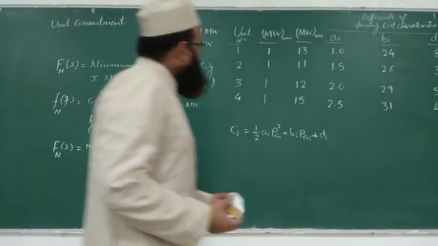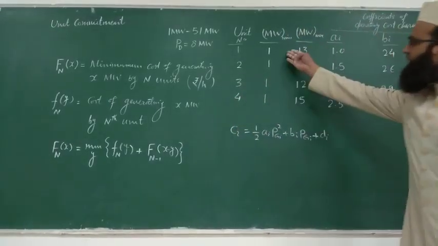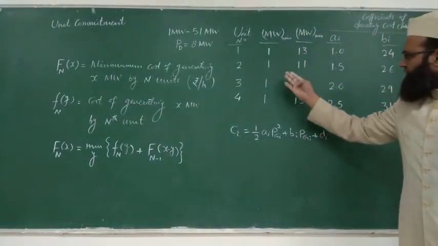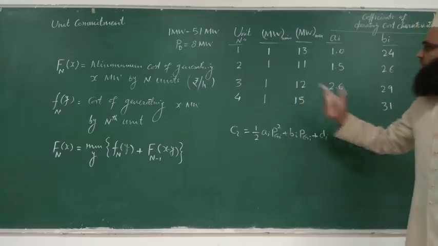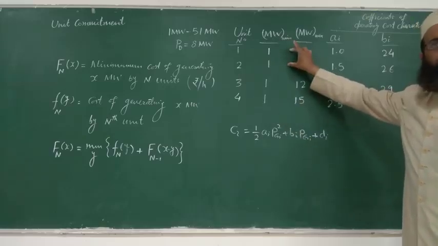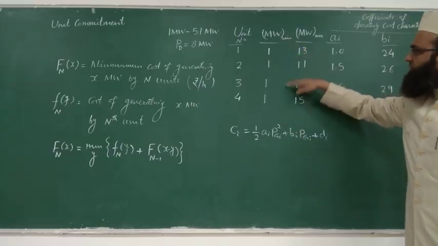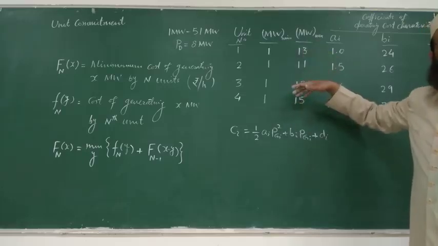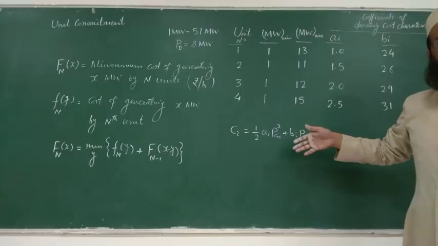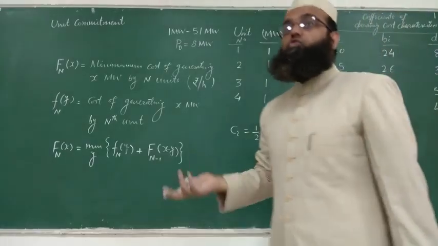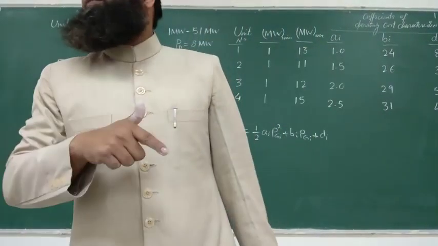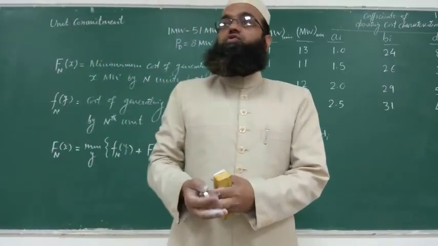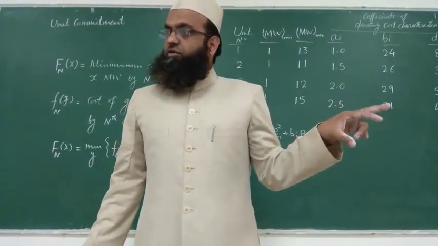So 8 megawatt can be generated by running this unit alone, this unit alone, this unit alone, this unit alone, or a combination of any 2 units, this plus this, or this plus this, or a combination of any 3 units, or running all 4 units. So how to decide how many units to be operated? So that is unit commitment. First thing is to select the combination of units to meet this demand.